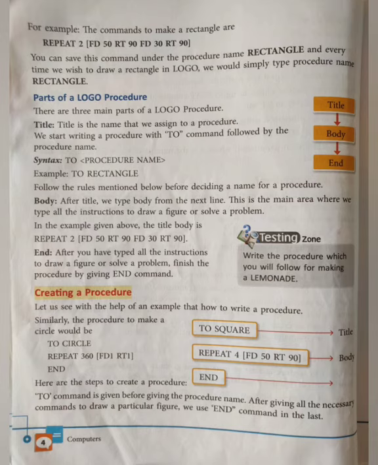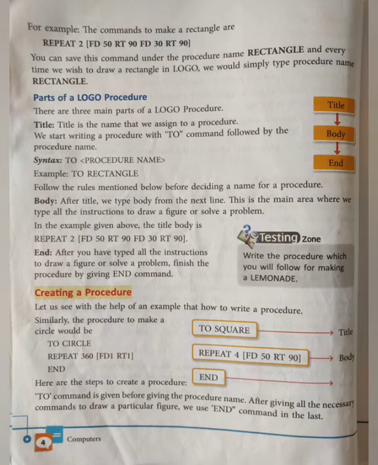The second part of logo procedure is body. After the title part, we type the body from the next line. Body is the main area where we type all the instructions to draw a figure or solve a problem. And lastly, we get the last main part of logo procedure, that is end.